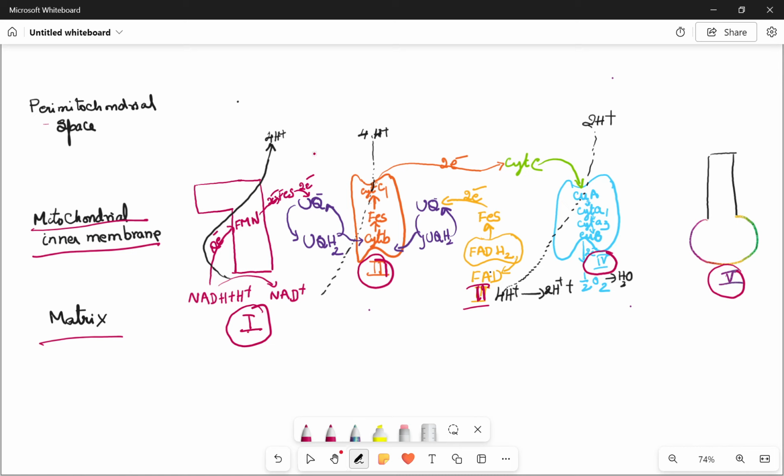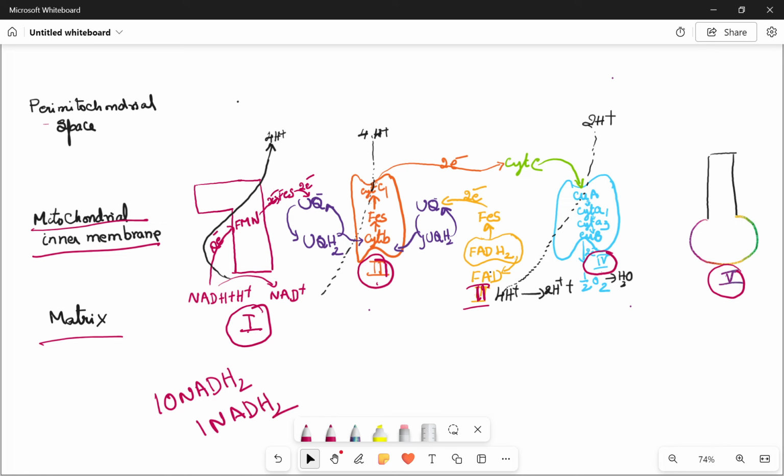These are the only ones involved, but not the second one, because the second one is the FADH2 complex, the succinic dehydrogenase complex. So we are going to see about NADH2 only. How many NADH2 are formed? 10 NADH2 are formed. Now we are seeing about 1 NADH2.